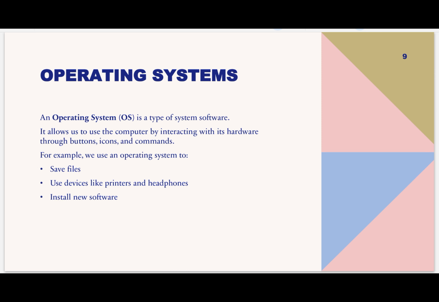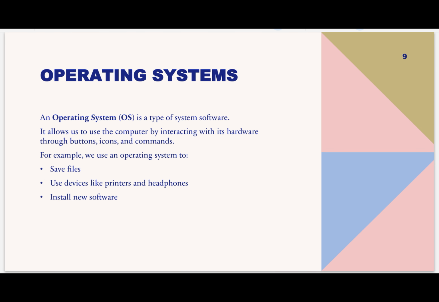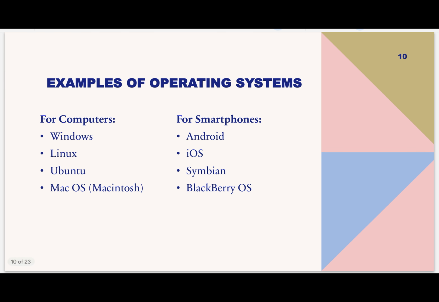This may be asked in your exam, what is the main role of operating system, so you can say this. But basically save files and install new software is mostly asked in exams. List of operating systems, as I told you: Windows, Linux, Ubuntu, Mac OS, and for smartphones: Android, iOS, Symbian, and BlackBerry OS. OS means operating system.